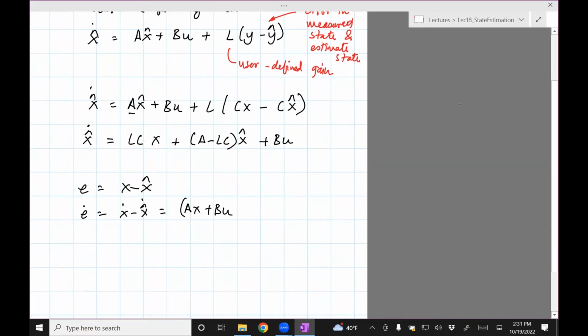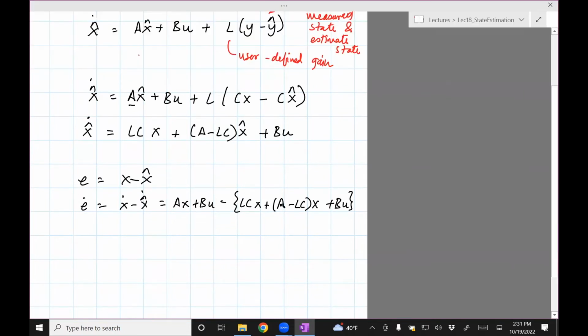And then subtract from that this term, L C X plus A minus L C times X hat plus B U.